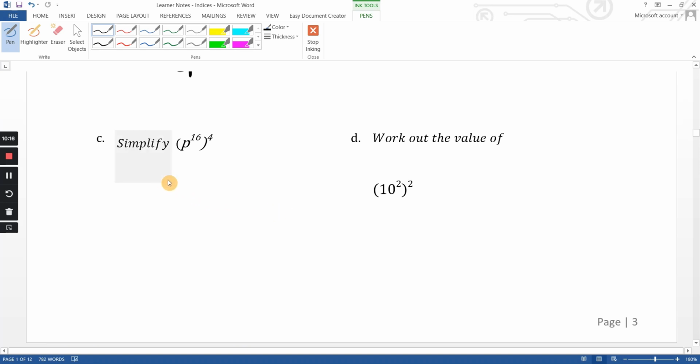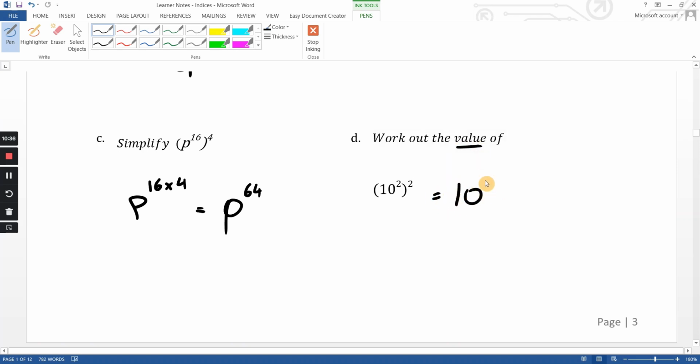Part C, simplify this. So I get 16 times by 4, what's that? 64. So it's p to the power 64. And again, work out the value of this. So let's do it as a power first.